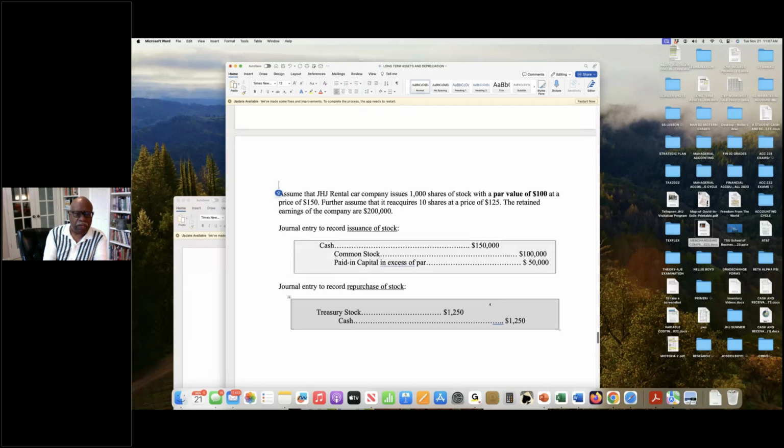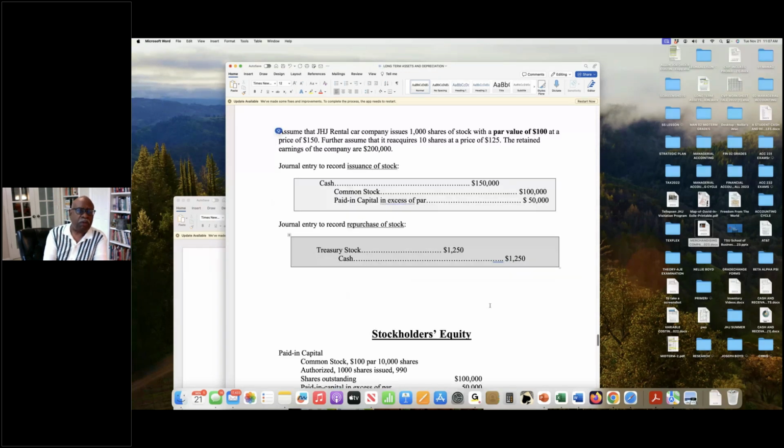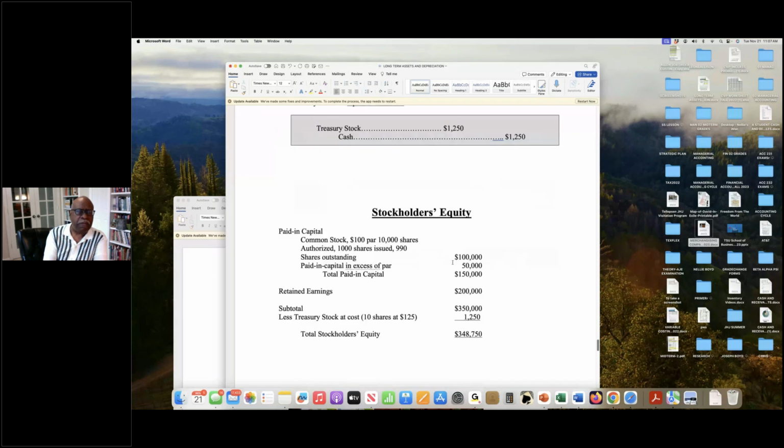And shareholders' equity, when you work the next problem, needs to look like this: the common stock, the par value of that stock, the paid in capital in excess of par value, total paid in capital, retained earnings, subtotal, less the treasury stock, total equity.